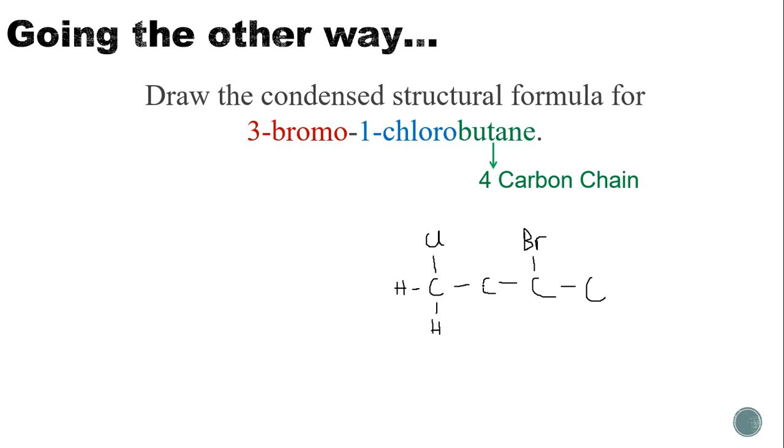This carbon right here has 1, 2 bonds. So it's going to have 2 hydrogens. This carbon already has 1, 2, 3 bonds, so I just need 1 hydrogen here. And this carbon has 3 hydrogens because it's got 1 bond to that carbon.